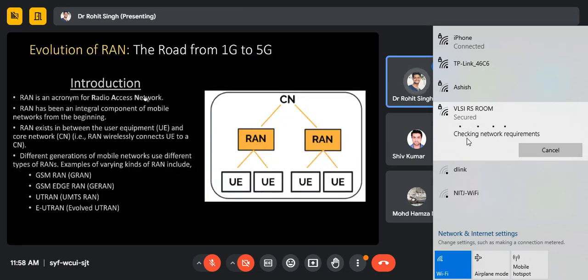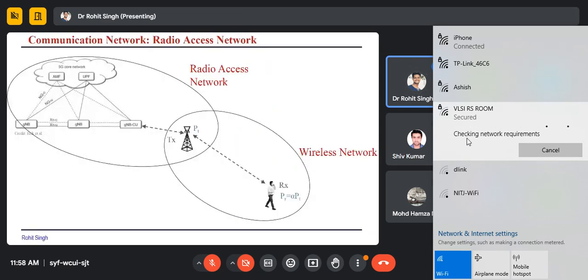To the radio access network part. So till this slide, we have seen what are the advancements.